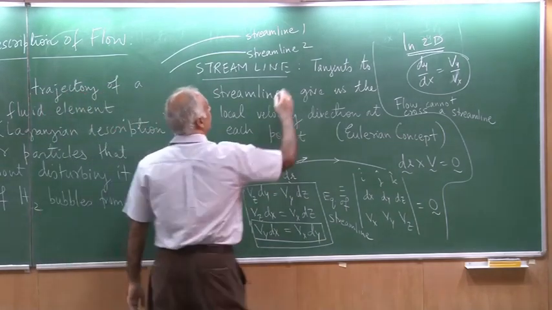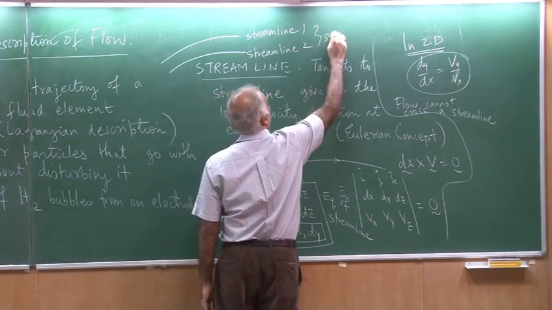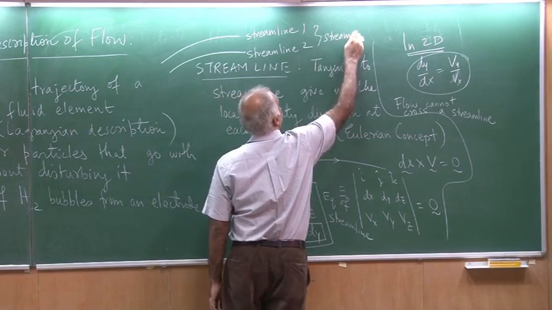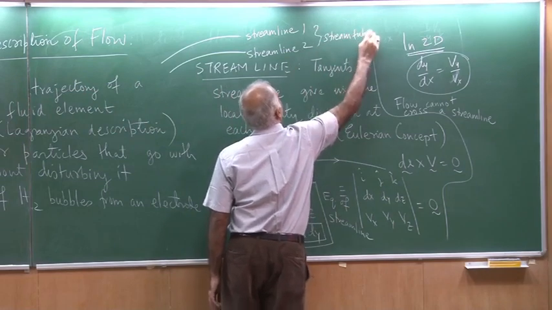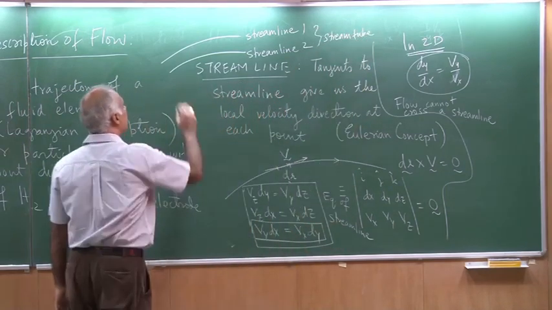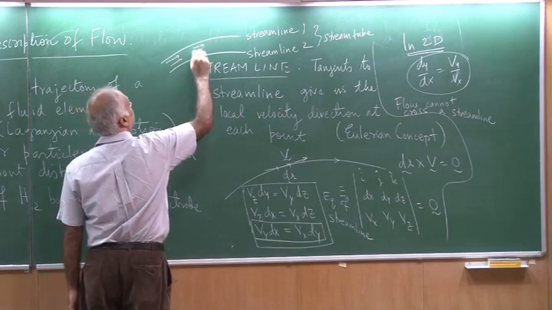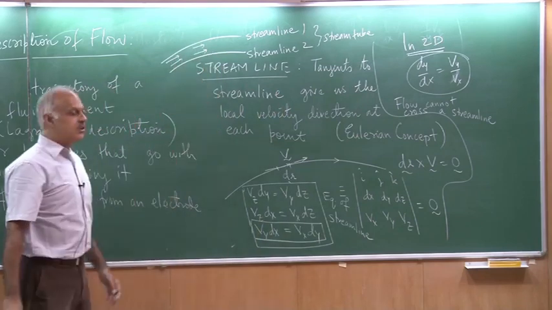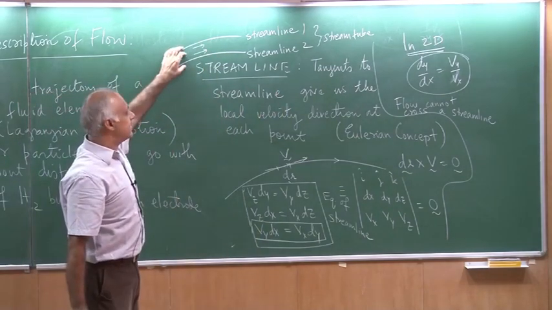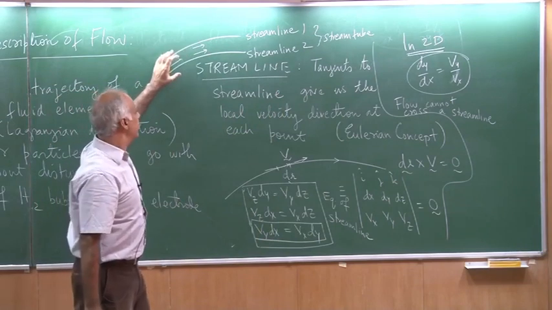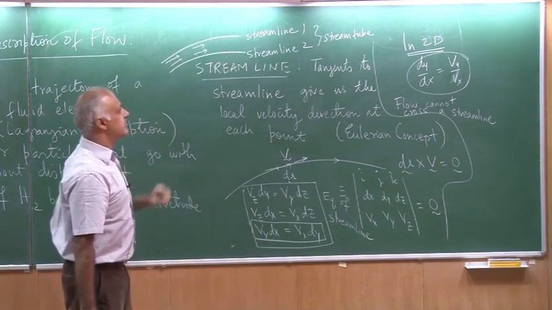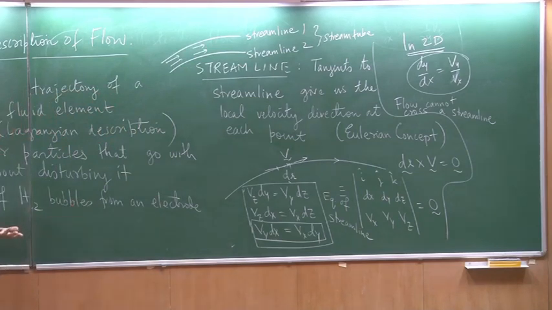So therefore, this combination gives me what is called a stream tube, and the volume flow rate is preserved. So whatever flow enters this, let us say the volume flow rate is Q, that has to flow throughout the stream tube because it just cannot leave the stream tube. So it's a very interesting concept.